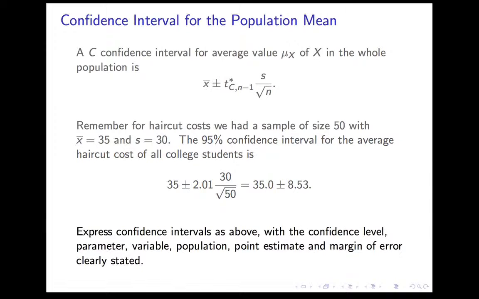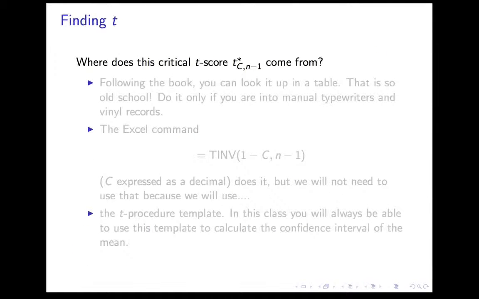And remember, as always, I just expressed the confidence interval in a complete sentence, which includes the confidence level, 95%, the parameter, average or mean, because it's a numerical variable, the variable, which is the cost of the haircut, the population, all college students, the point estimate, which is 35, and the margin of error, which is 8.53.